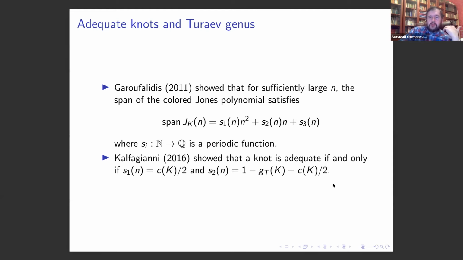And if we look at the cable, in order to decrease the genus by 1, we have to increase the span by something more. One thing is growing linearly and the other is growing quadratically. That means that for adequate knots, we cannot decrease the genus at all. Ah, that makes sense.